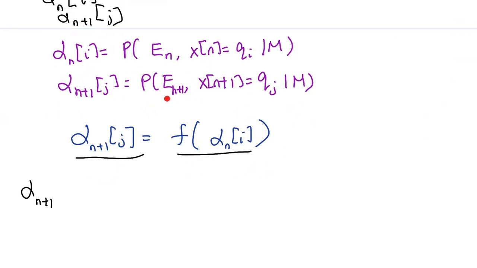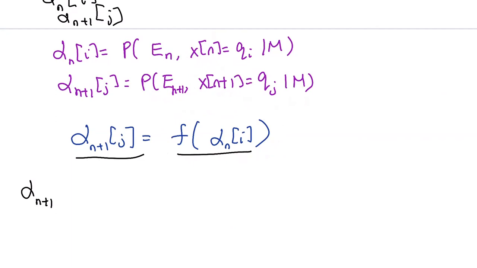Because alpha n plus 1, at least in terms of the observation variable, you see y1, y2 all the way up to yn already, right? So you just have to modify it slightly to consider what happens if I'm in this particular state at time n. How do I get to that particular state at time n plus 1? So you see that there's not too big of a leap in order to do that.